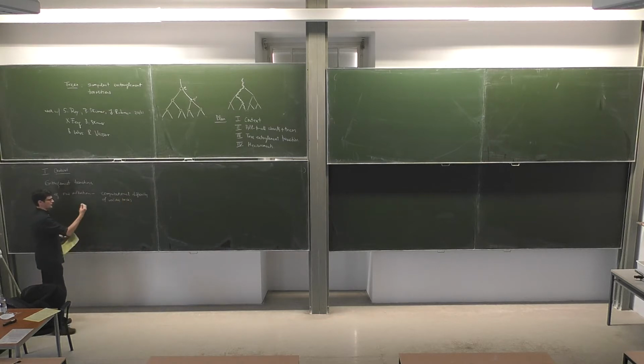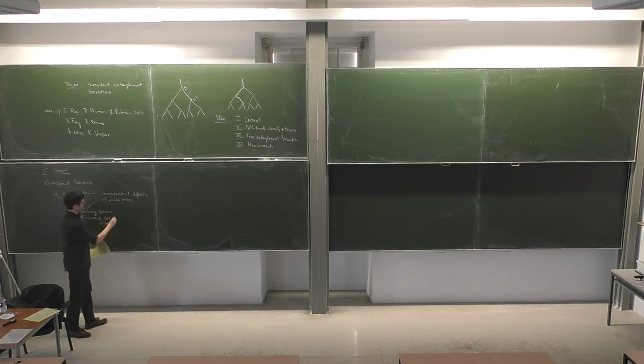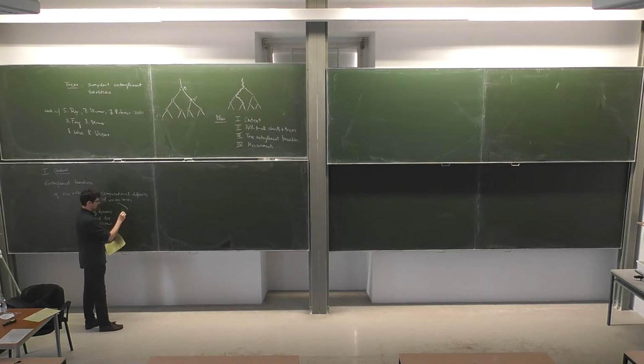So, for example, in the case with measurements, that could be how difficult it is to simulate the dynamics of certain kinds of open quantum systems or monitored quantum systems. Or it could be simply contracting some tensor network.